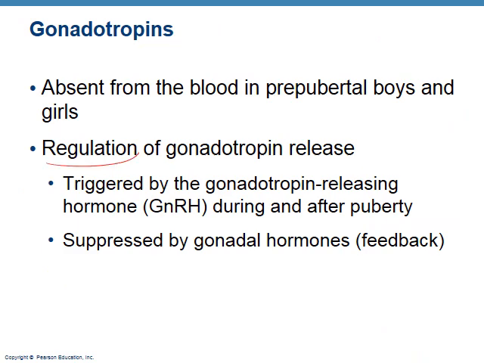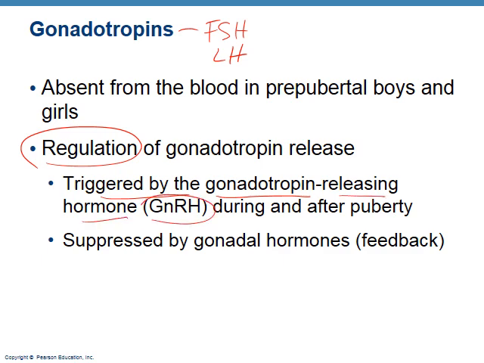So I kind of jumped the gun a little bit. Here's our regulation. So what causes FSH and LH to be released? It's triggered by gonadotropin releasing hormone, GnRH. And this is coming from the hypothalamus.